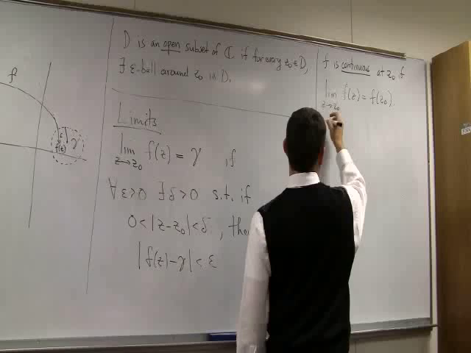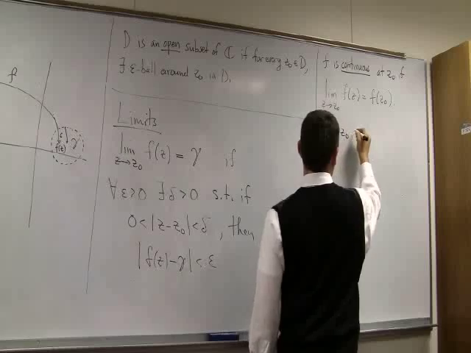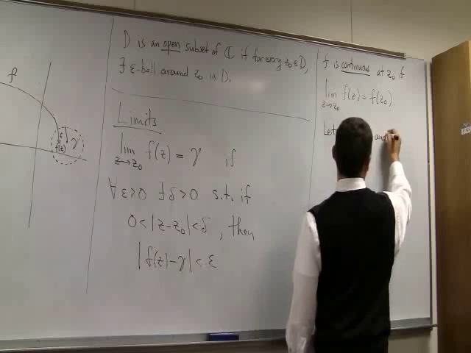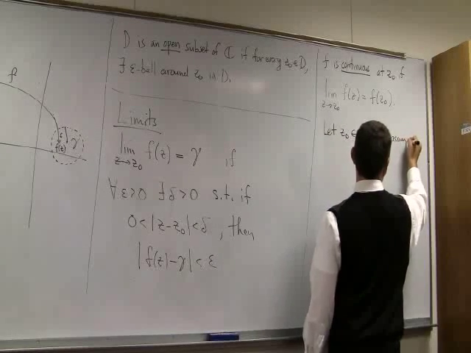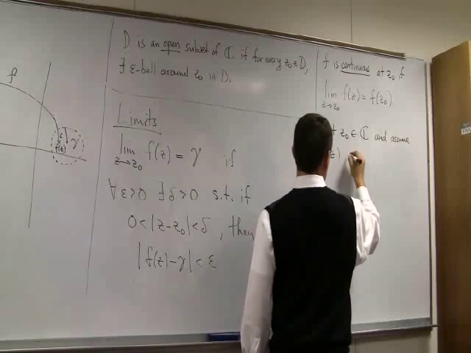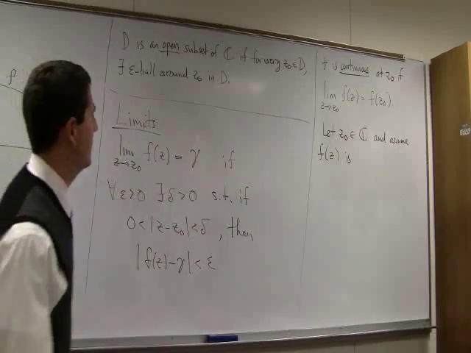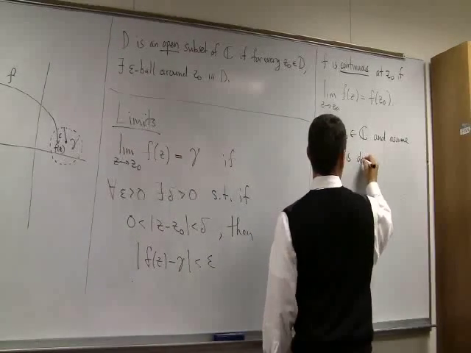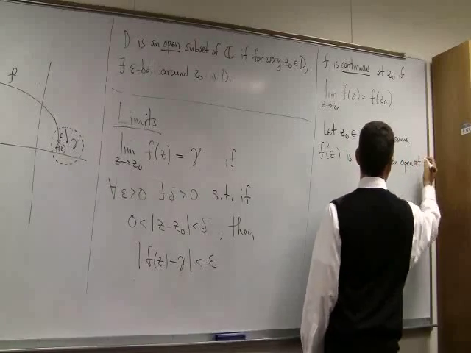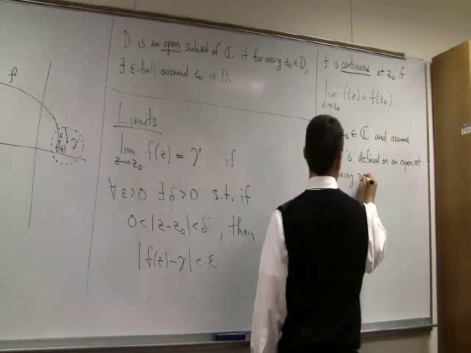So let z naught be a complex number, and assume that f of z is, let's see, I want continuous, or I don't even need continuous, I just need defined, on an open set containing z naught.